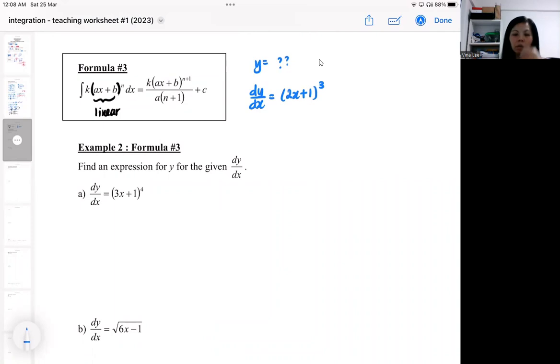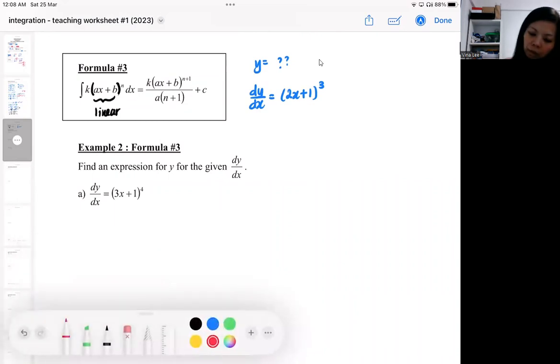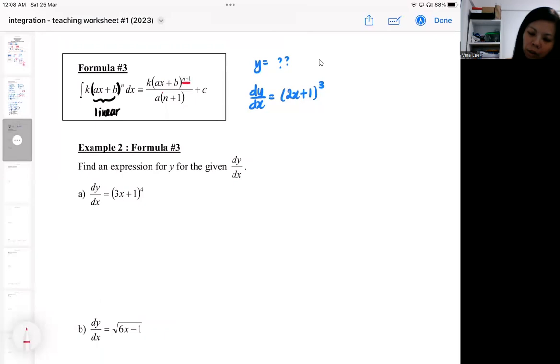So the formula, the opposite of bring down power, minus power, differentiate inside, will be, again, you return the power. So you return the power, you divide by the new power. It is the same as your formula number 2, but you got to divide with A as well. A is the differentiate inside. So during the bring down power, minus power and differentiate inside, you multiply by whatever you differentiate inside.